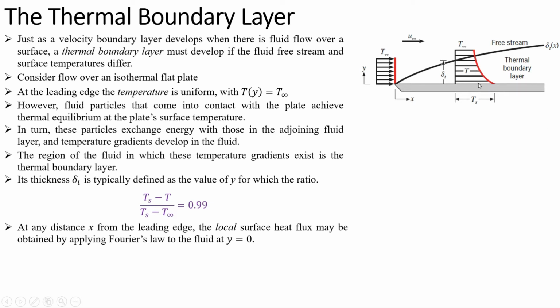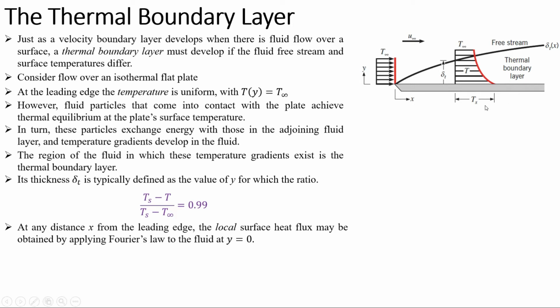Here the fluid will have zero velocity, as we have seen in the velocity boundary layer. Zero velocity means there is no fluid motion, so the heat transfer will be due to conduction, not convection.